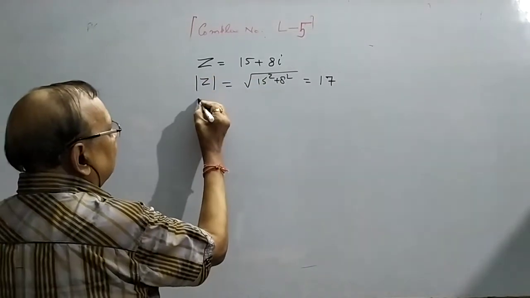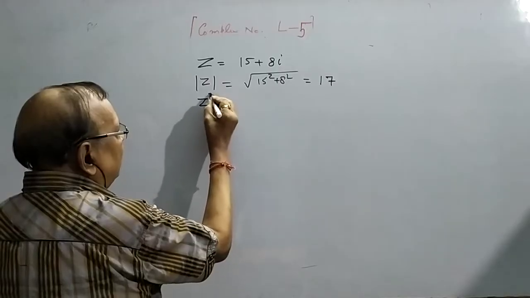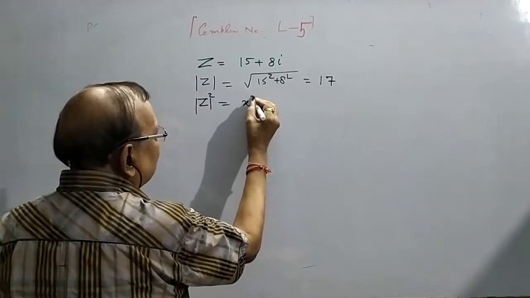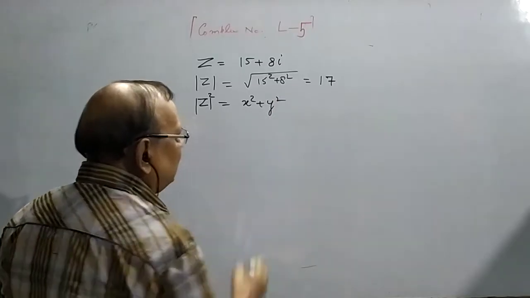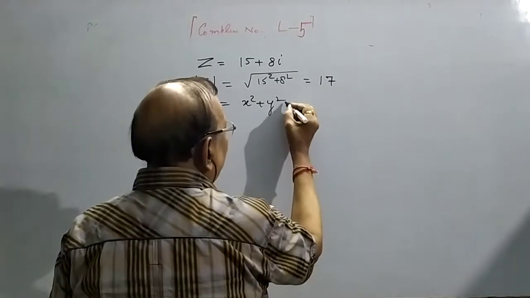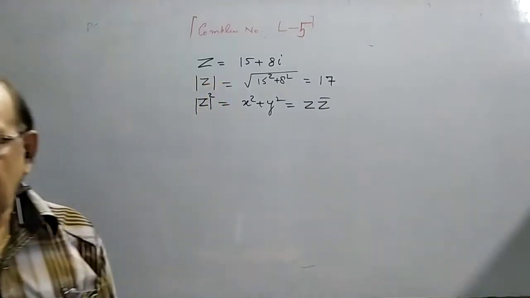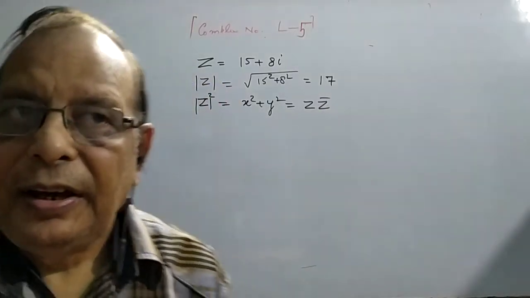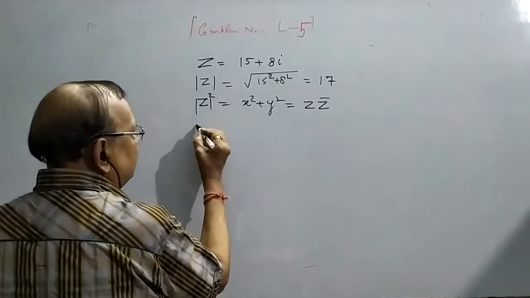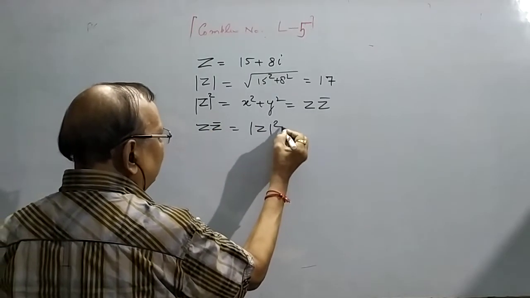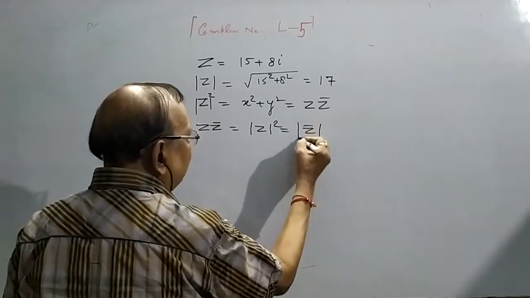As mod of Z square is equal to x square plus y square conventionally, and we also got Z into Z conjugate is equal to x square plus y square. Remember that Z into Z conjugate is equal to mod of Z square.